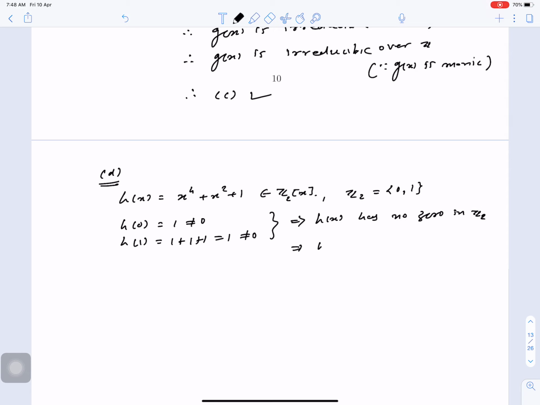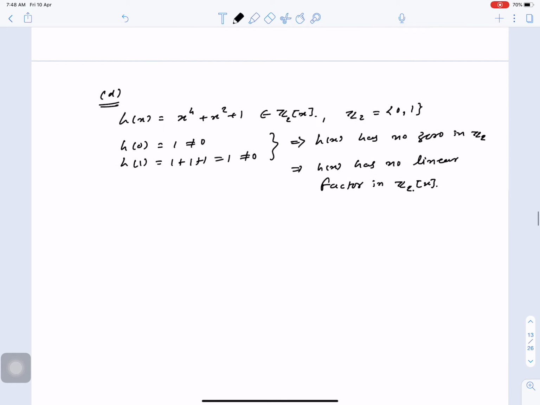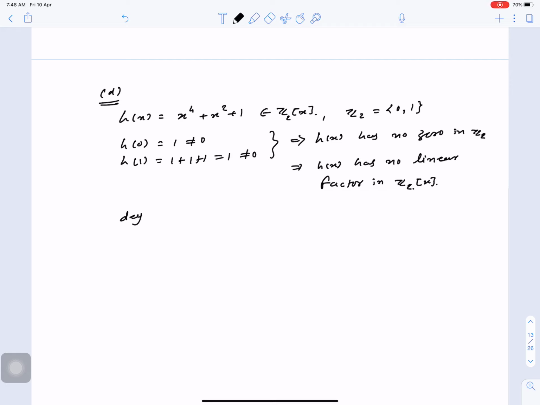So it means h(x) has no linear factor in Z2[x]. So now degree of h(x) is equal to 4 and h(x) has no linear factor.